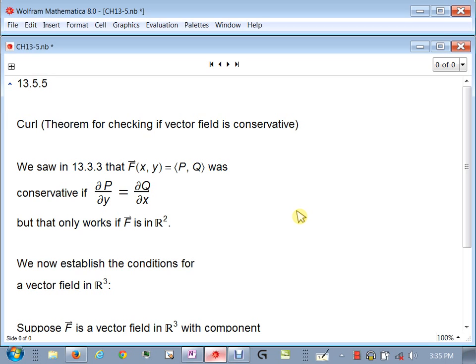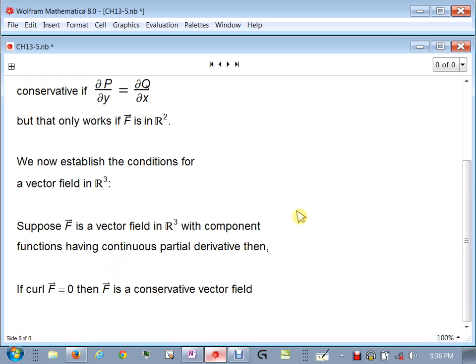Now, here's a nice result. Remember what it took to check if something was a conservative vector field before? We did the partials and saw if those two partials were equal to each other, but we said that only worked if your vector field was what? Two-dimensional, right? This is the big result now. We saw that if these two partials are the same, that only worked in R2. We now establish what we need for a vector field in R3.